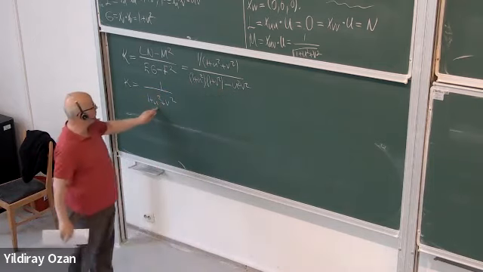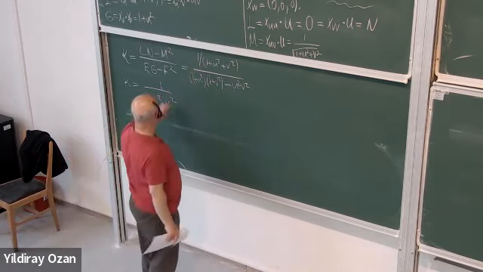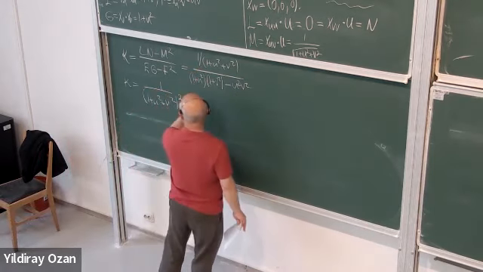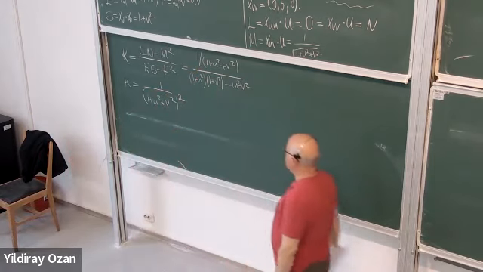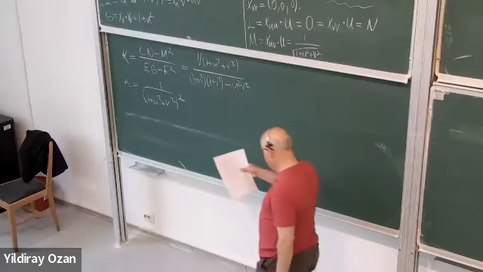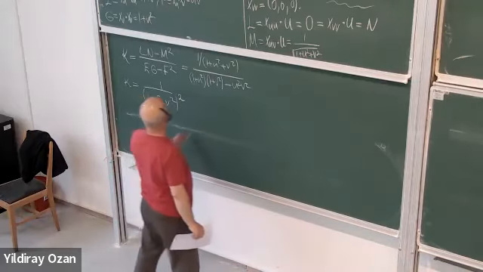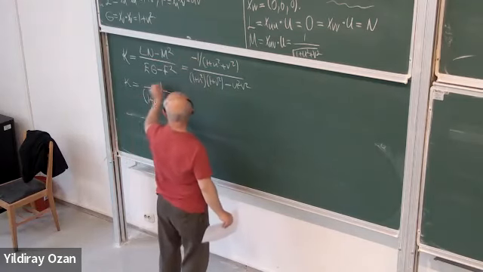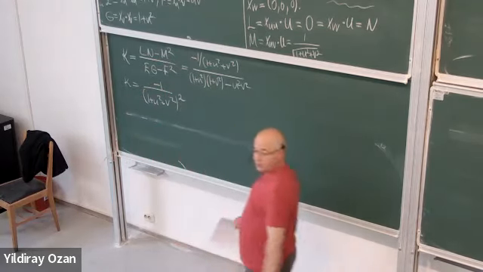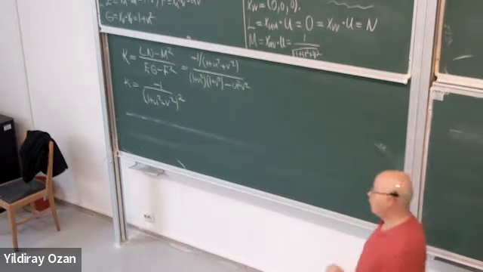The denominator is this. I have already one more term, the same term, so this is squared. But it should be minus because I have the minus sign here. So this is also negative curvature.